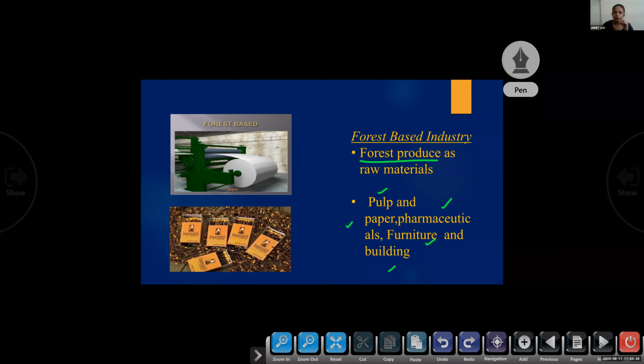Next one is forest-based industry. Here the raw materials are forest produce like wood and timber. The products are pulp, wood, medicines from nature, furniture, etc.